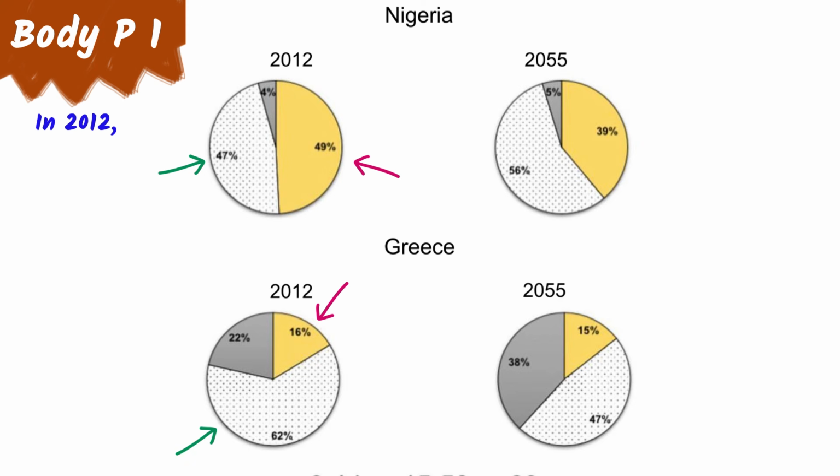And one thing which is important here is the substantial difference in the percentage of elderly individuals, which for Nigeria was 4% and for Greece, it was 22% in 2012. So I'm going to write about these. I'm going to provide all the information here because we are not provided a lot of information here, right? Only 3 age groups. And so we can include all the percentages here.